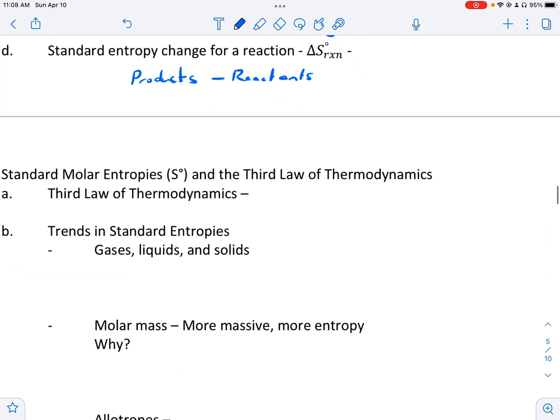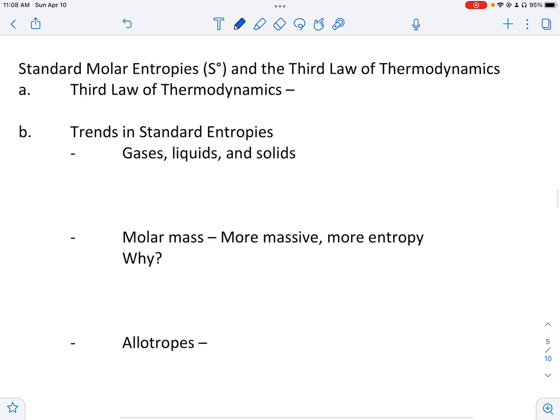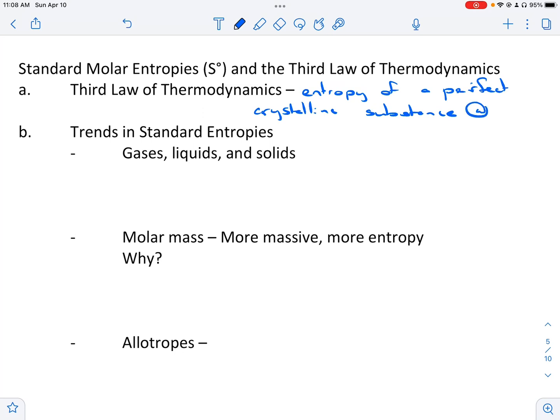All right. So that takes us to our third law of thermodynamics. The third law of thermodynamics states that the entropy of a perfect crystalline substance at 0 K, or Kelvin, is 0.